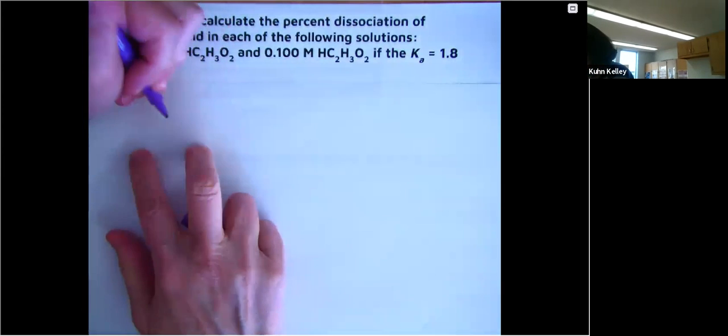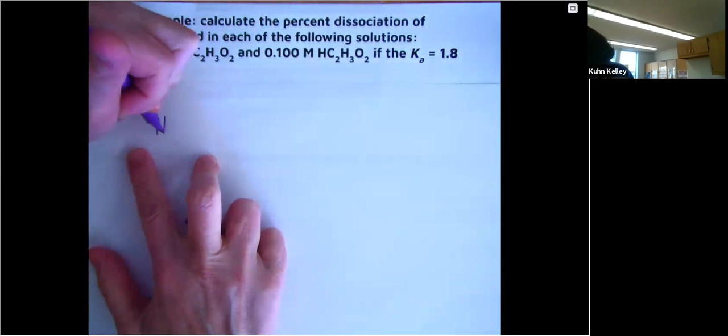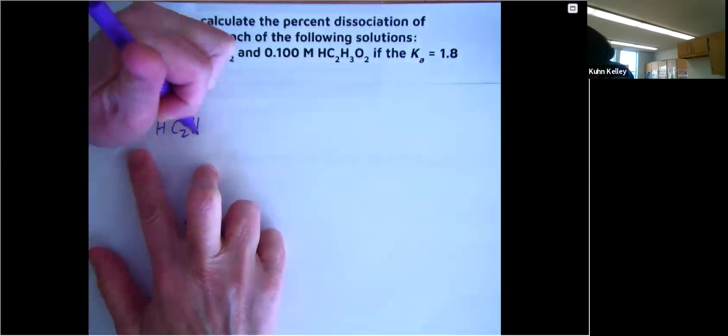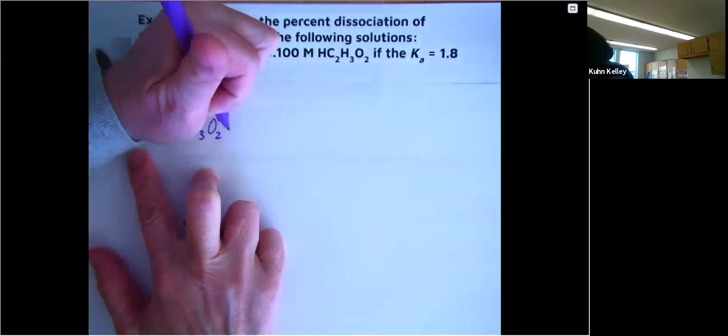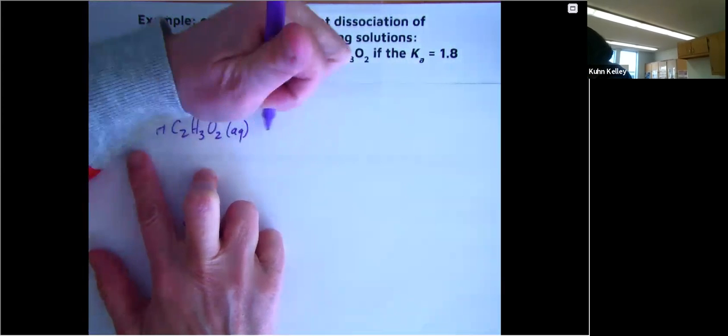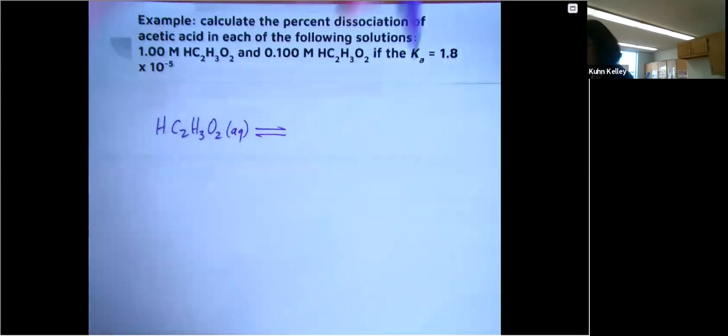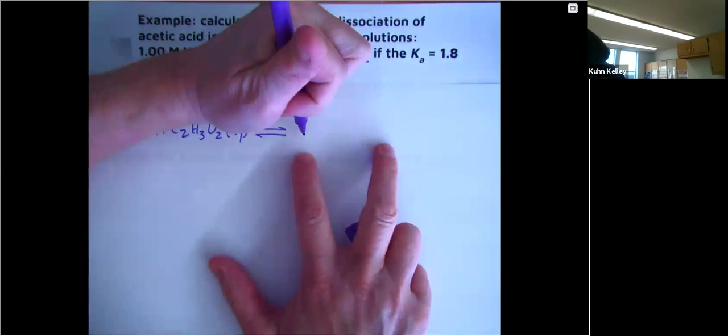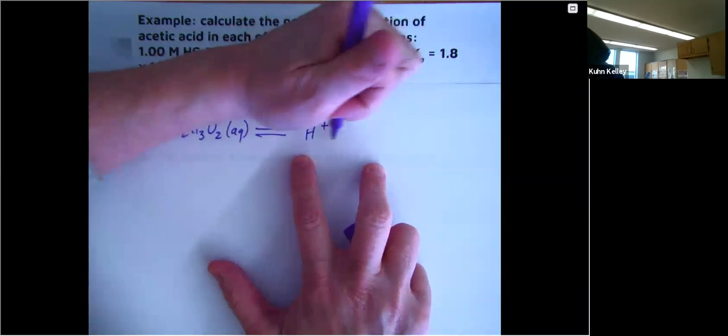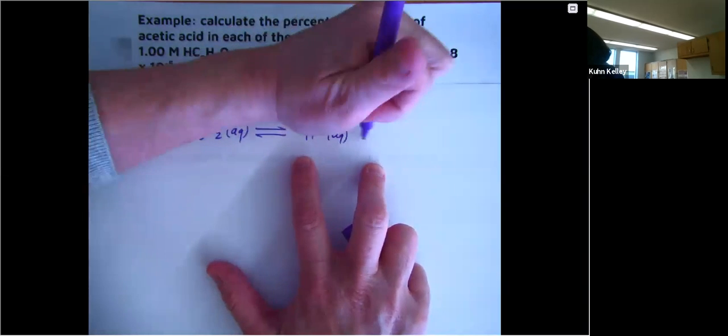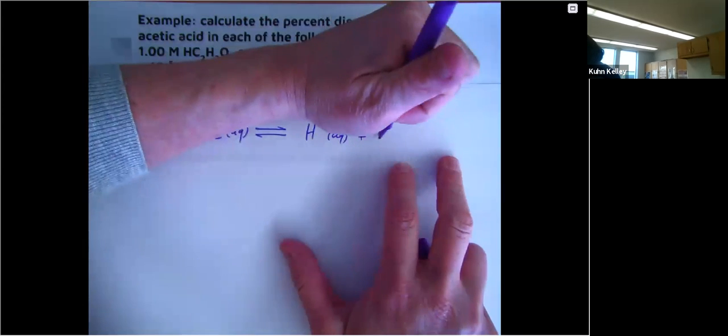So this is acetic acid. My dissociation reaction breaks down into the hydrogen ion and the acetate ion.